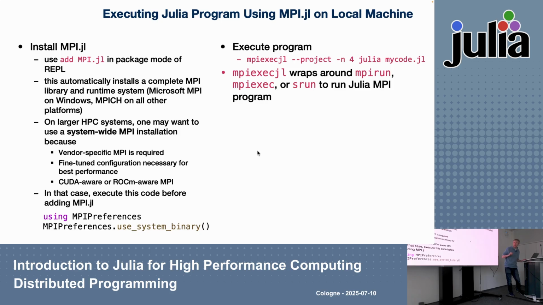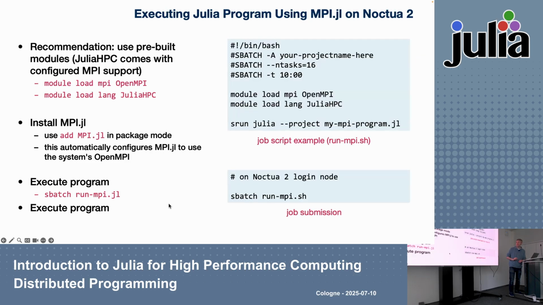But you can also tell it to use a system library. But on the cluster, it's set up in a way that you load Julia HPC. Actually, I'm not sure you even have to do this, because Julia HPC should also include it, but it doesn't matter. And in this case, we do not run MPI exec, but we run srun.